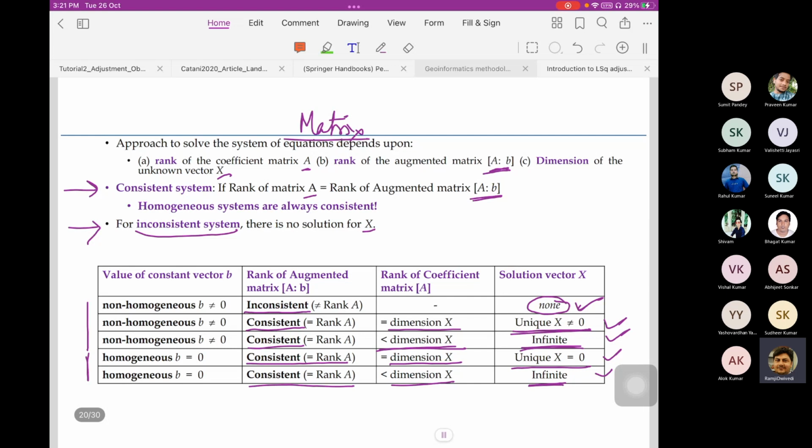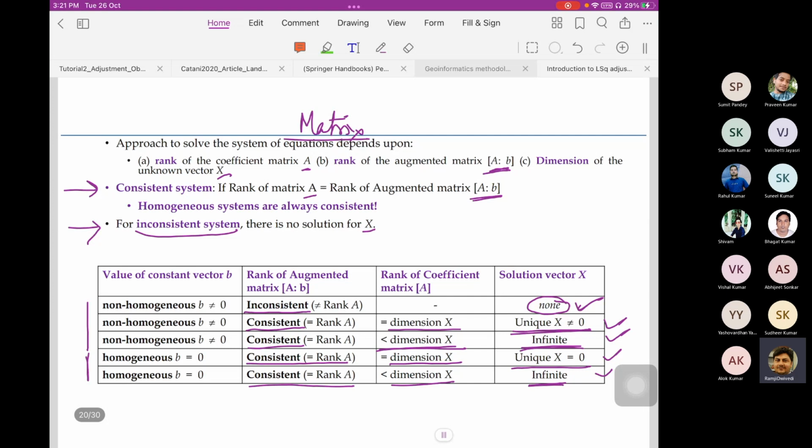Rank is nothing but the number of linearly independent rows of that matrix, which is one of the basic definitions of rank, which we have done. So these are the tables which eventually lead us to two sets of solution.